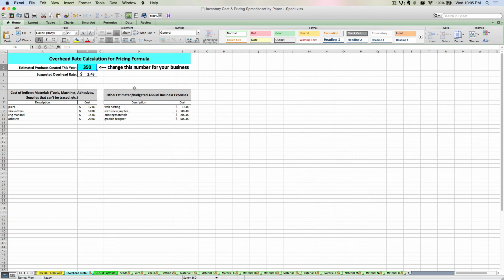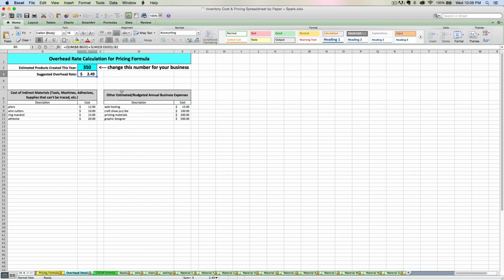You've got all these costs here. You're summing all of these costs. These are every cost your business has other than your direct material costs, because we've got those covered here in green. So this tab is going to sum all these non-direct material costs, and then it needs to divide it by something to get a rate per product for our pricing formula.